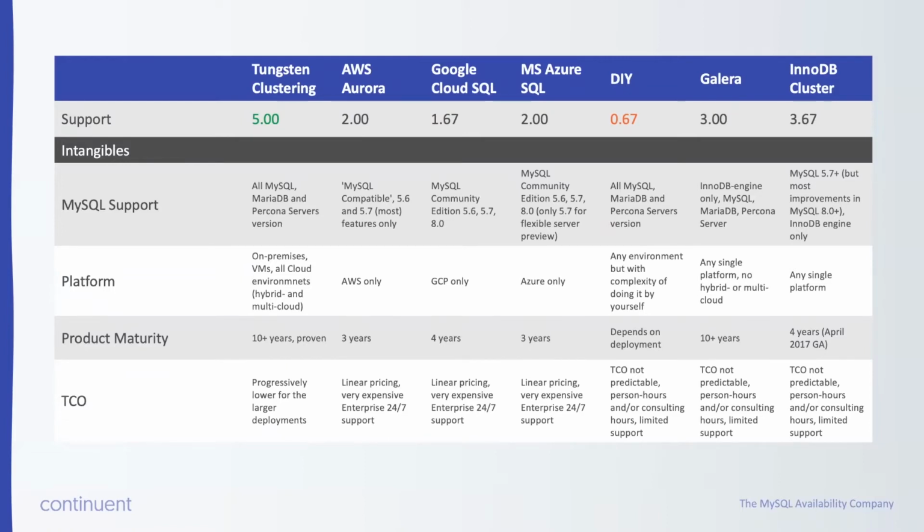Perhaps it's an email system, right? Where you email support and then the next day you'll get an answer and you'll reply to that and wait another day for an answer. Or maybe you actually get a live person, an engineer with experience. That's obviously worth a whole lot more because you can get your questions answered much more quickly and get it directly from the source. So we'll see how all these solutions compare with support.